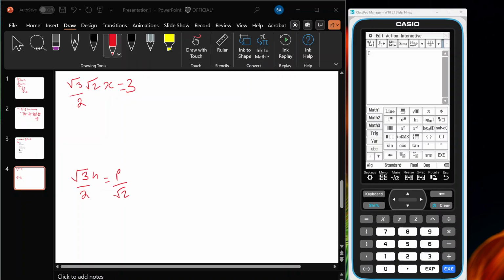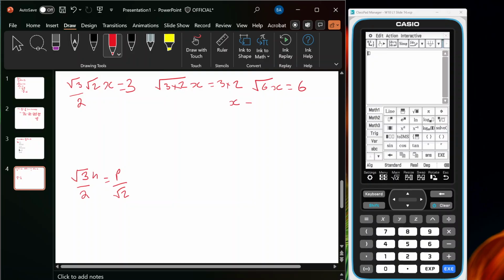If we went through this manually, this is quite straightforward. We could combine the square root of 3 and the square root of 2 under the square root symbol. We can bring the 2 across to here, so I've got equals 3 times 2. So I'm going to get square root of 6 x equals 6.